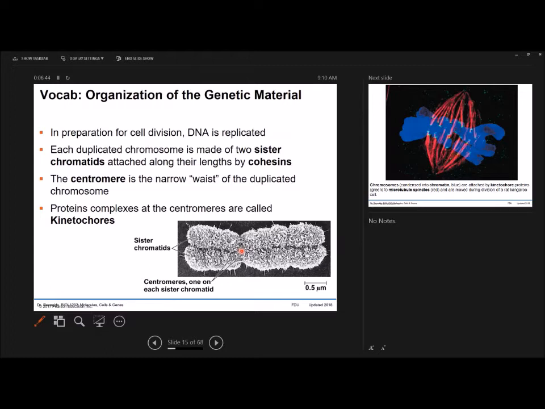Kinetochores are going to be where these spindle fibers actually attach to move the chromosomes. Okay? Hence their name kind of revolves around this idea of movement. All right? Just like how cohesins hold the two sister chromatids together cohesively, kinetochores will be part and parcel to the moving of those chromatids.